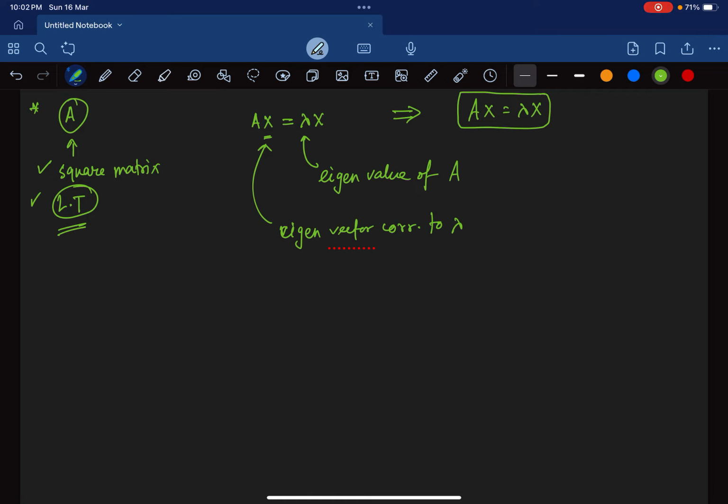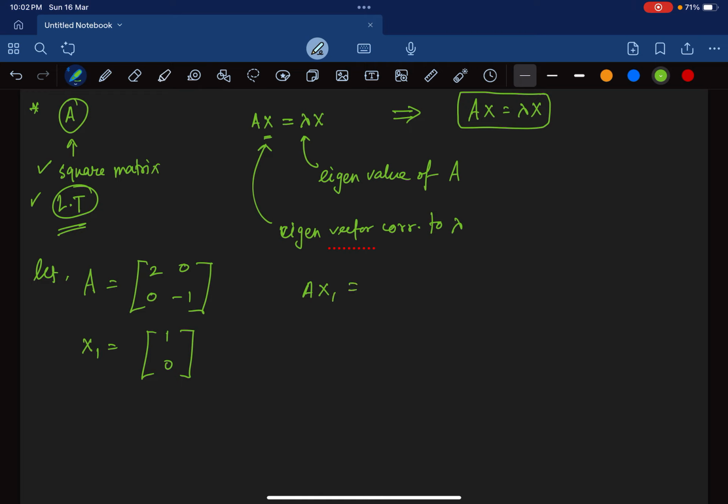Suppose A is the matrix [2 0; 0 -1], and suppose x1 is the vector (1, 0).